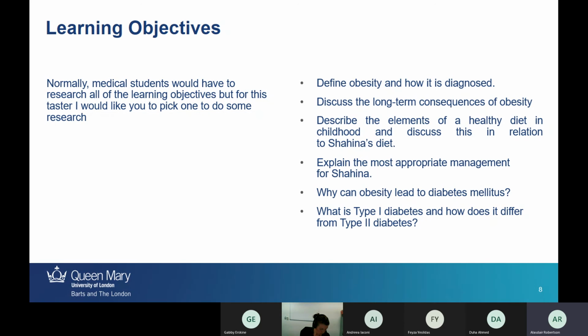A child that is very active will need to eat more than a child that isn't so active. The child that isn't active, if they eat lots and lots of food, like for example in Shahina's case, is more likely to put on weight because they're not burning it off. So absolutely, you're talking about all the right sorts of things: having that balanced diet, being mindful of their age, growth spurts, things like that.